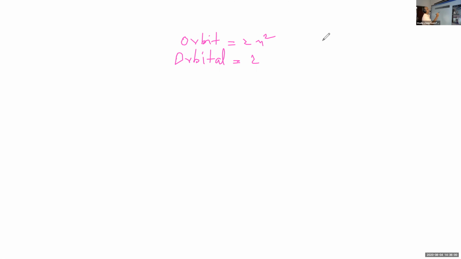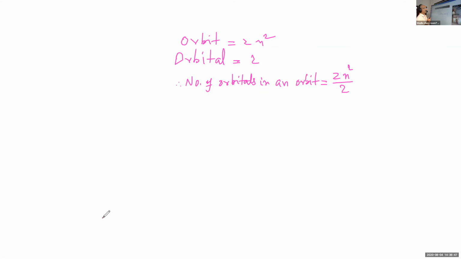Maximum number of electrons in an orbital is equal to 2.